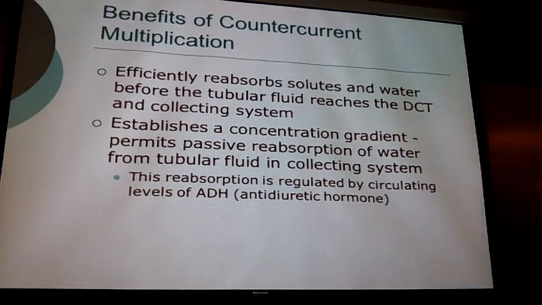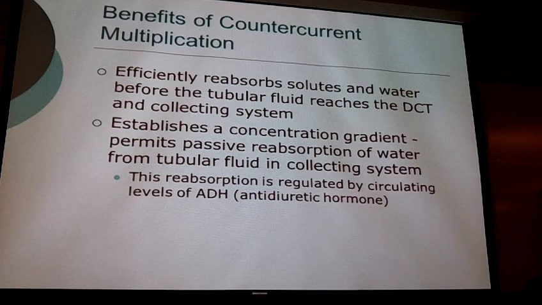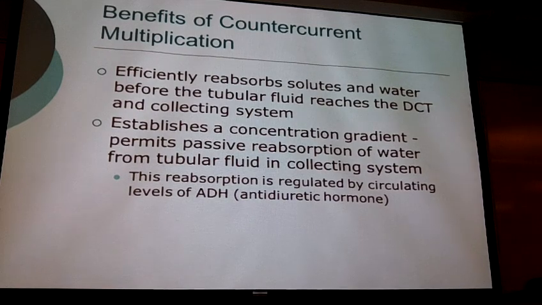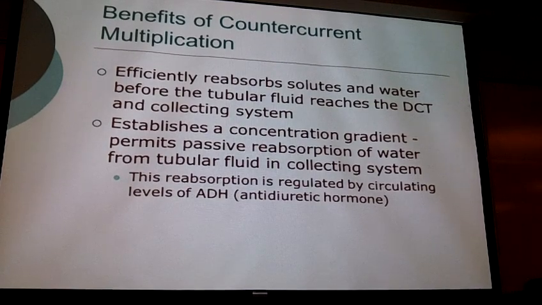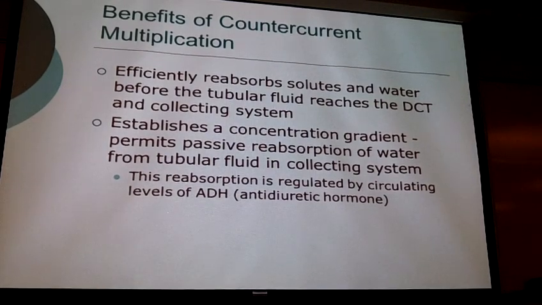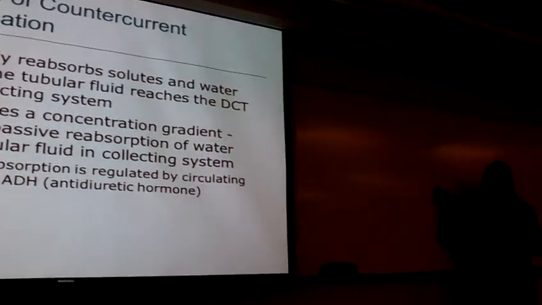Remember that we said if we have fluid in the tubule and we want to reabsorb the water, if we want the water to leave the tubule, go into the interstitial space, and then into the peritubular capillaries, there has to be a concentration gradient out here. This has to be high osmotic concentration for that water to move via osmosis.